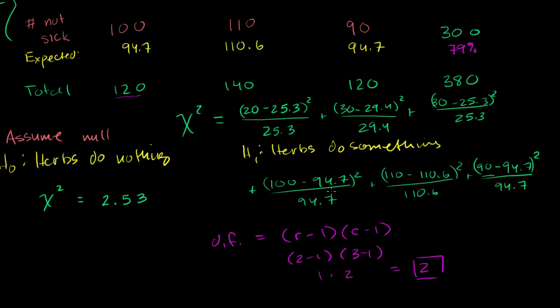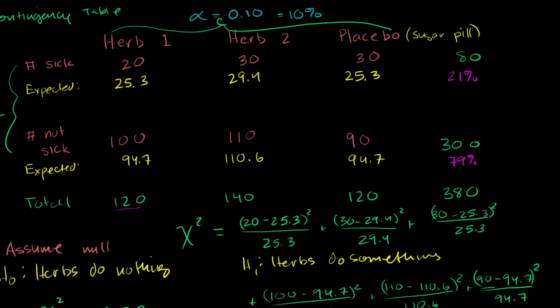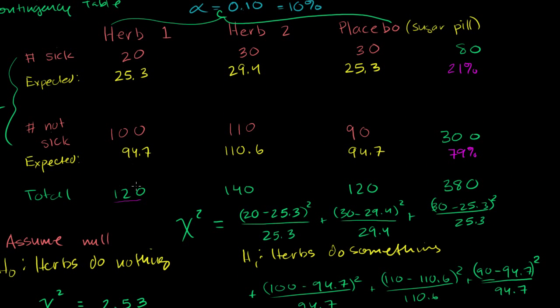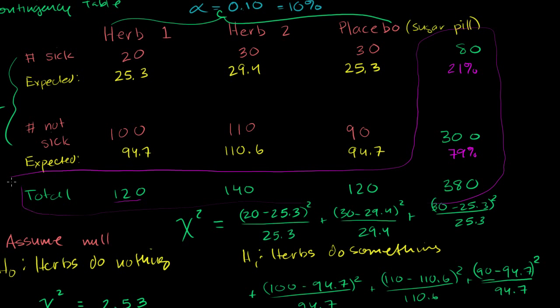Now, the reason that that should make a little bit of intuitive sense, we'll talk about this in more depth in the future, is that if you assume that you know the totals, so if you know all of this information over here, if you know the total information, and if you know r minus 1 of the information in the rows, the last one can be figured out just by subtracting from the total.